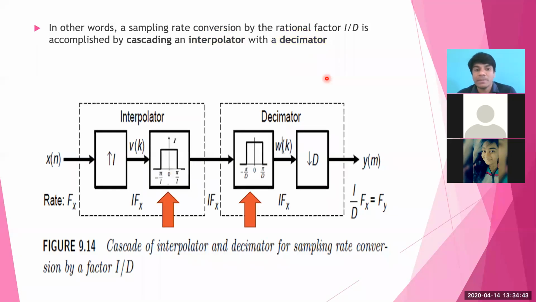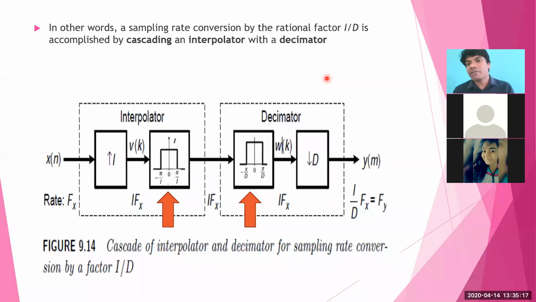As you can see in this diagram, we have an interpolator, which is an upsampler followed by a low pass filter, the anti-imaging filter, with a cutoff of pi by I. And a decimator is an anti-aliasing filter followed by a downsampler with a cutoff of pi by D, obviously. Both of these are low pass filters.